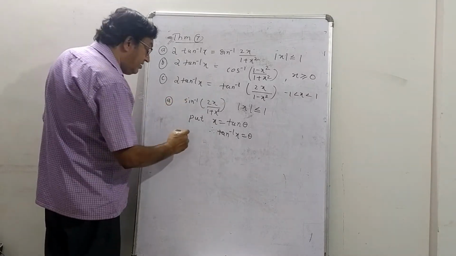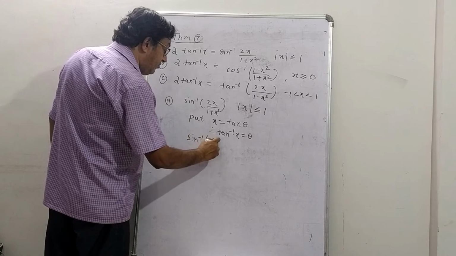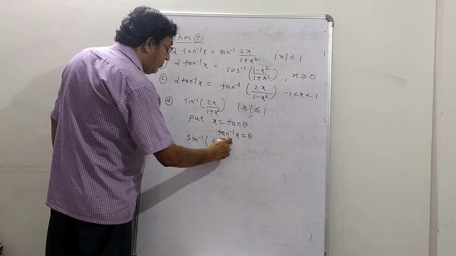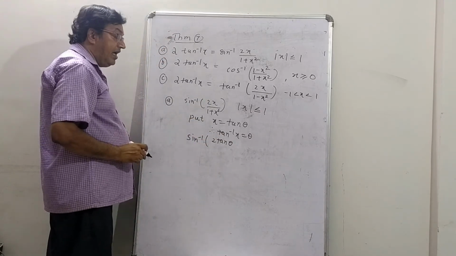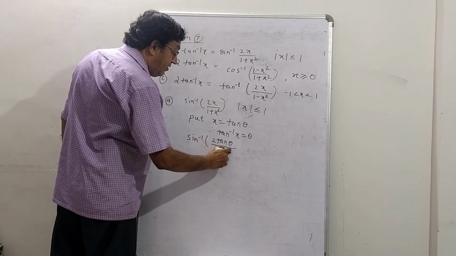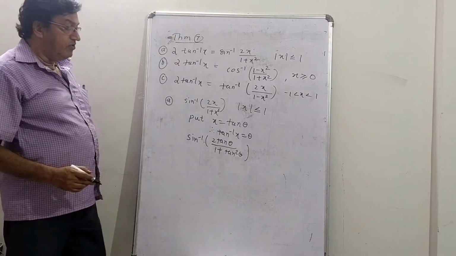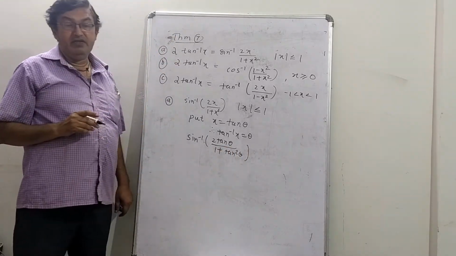What happens to this? Sin inverse of 2 tan theta divided by 1 plus tan square theta.